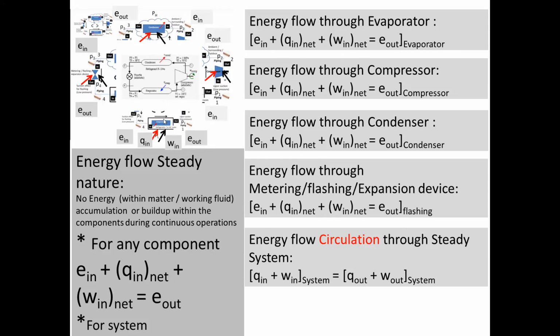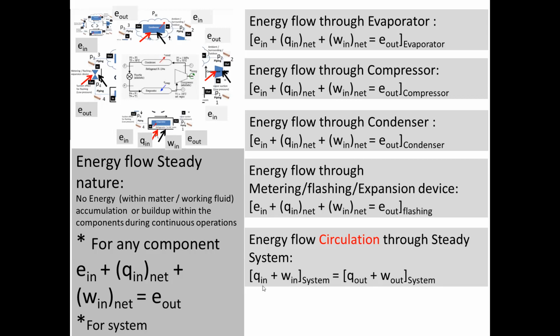And for this energy flow circulation, finally, you can say that for the system, if the system is receiving heat and work, then the system is also releasing heat and work.